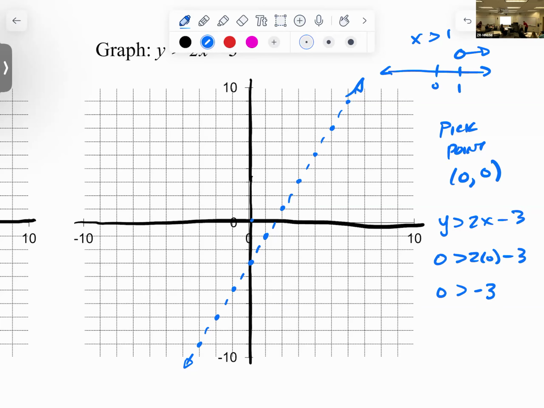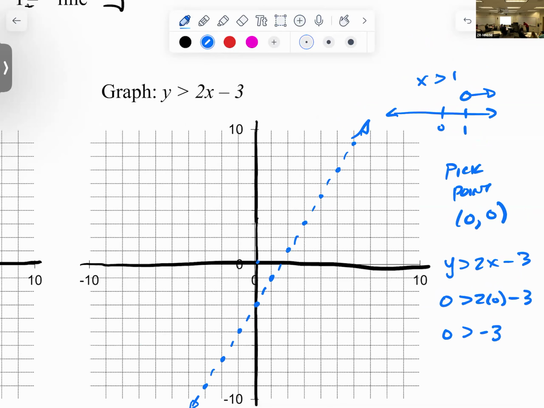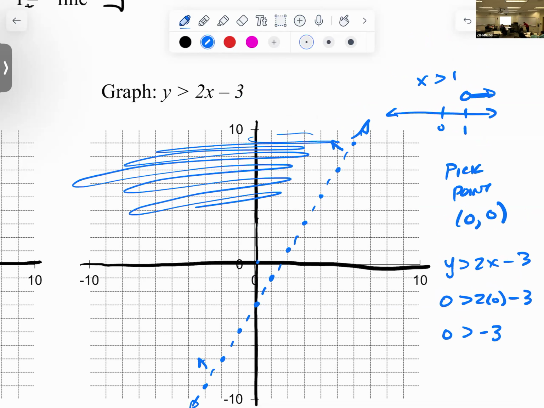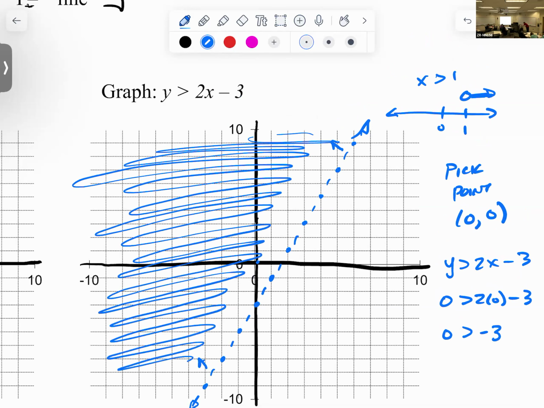The other way to identify this is when you read it out: y is greater than the line. So I like to say that means I just shade above. Everything above is colored in. This arrow means that all those values are included. That means the solution is everything above the line.